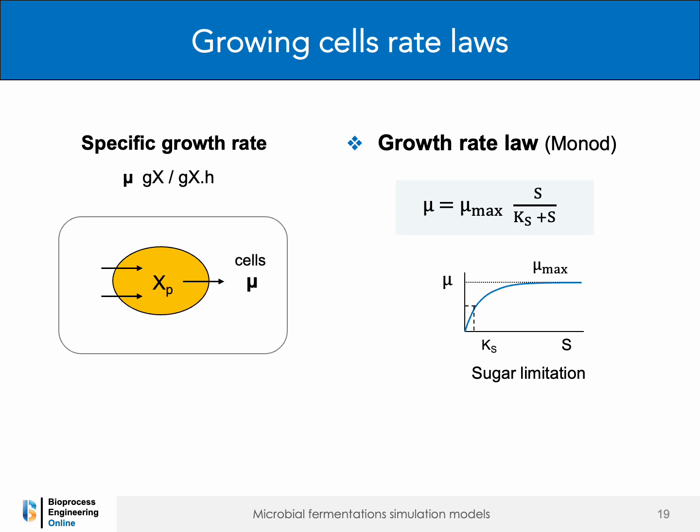The specific growth rate is commonly described by a Monod-type equation, which relates mu to the concentration of the limiting carbon source, in this case sugar. Mu equals mu max S over Ks plus S, where mu max is the maximum specific growth rate, and Ks is the half saturation constant, representing the sugar concentration at which the specific growth rate equals half of mu max.